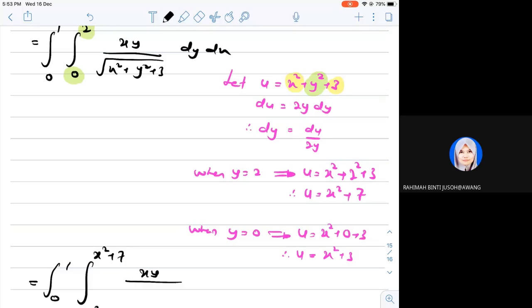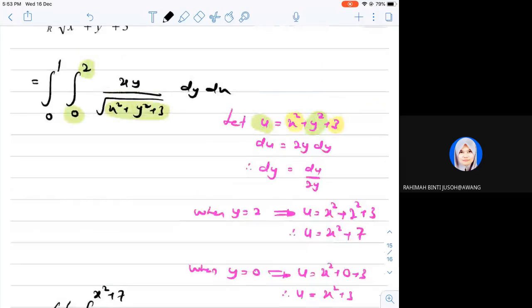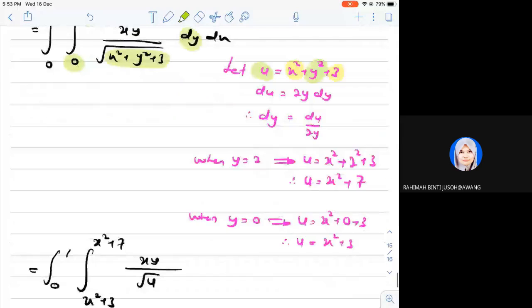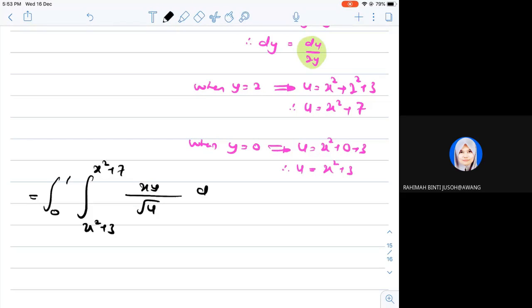Okay, why square root u? Because this is the u from before. So over square root u. Now dy is equivalent to du over 2y, so I put here du over 2y. And then dx just stays.